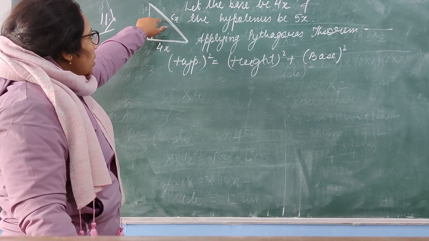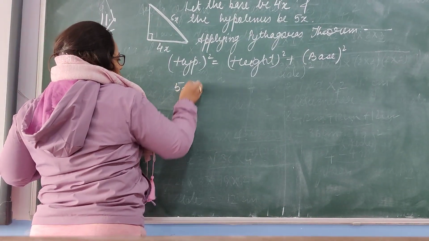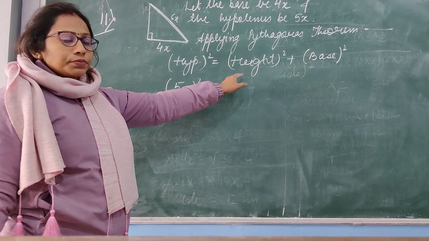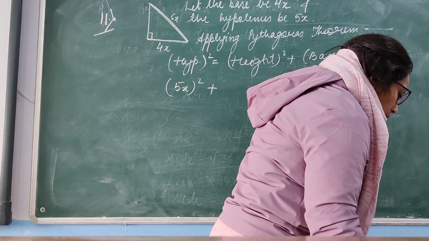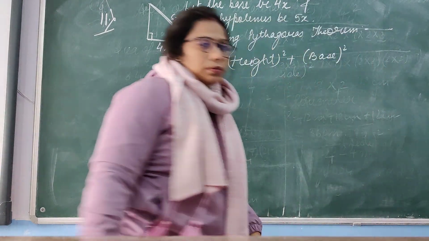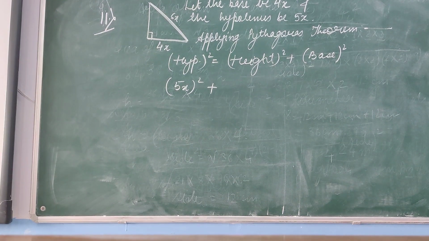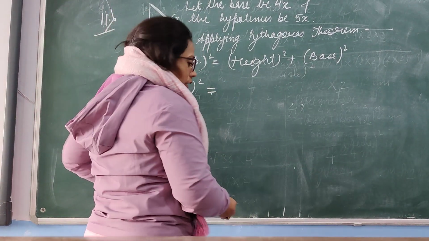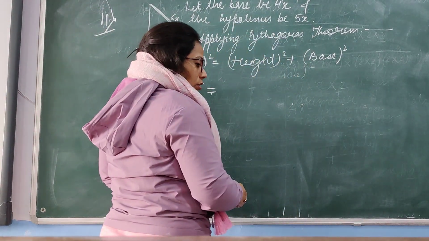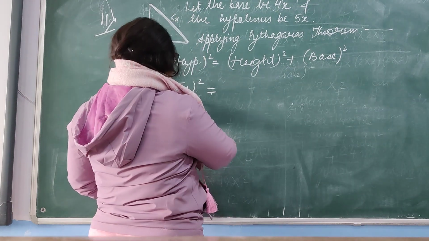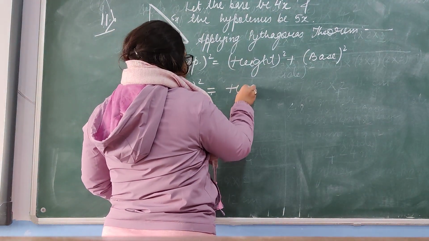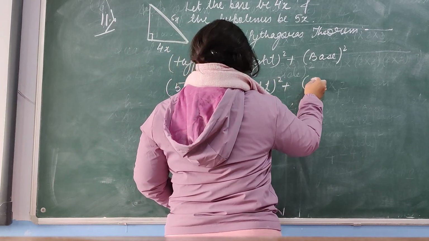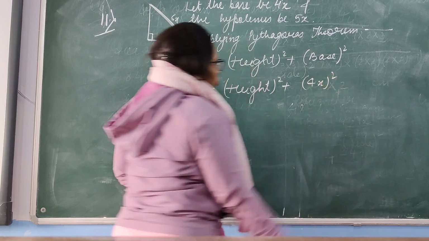So now the hypotenuse is already given. So this is 5x whole square plus height square, the height is not given, and plus the base is given as 4x, so 4x square.